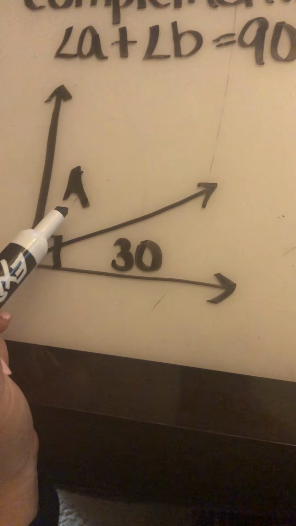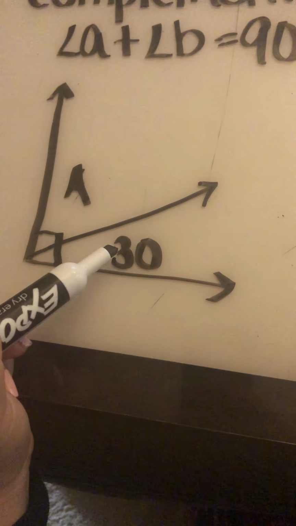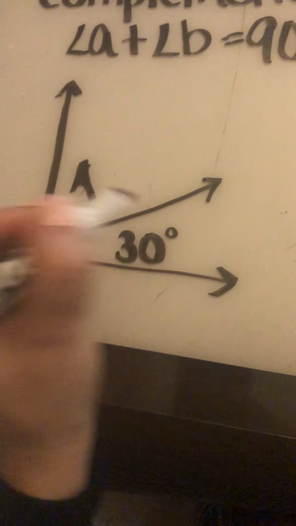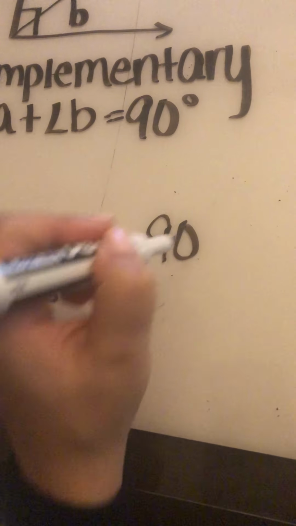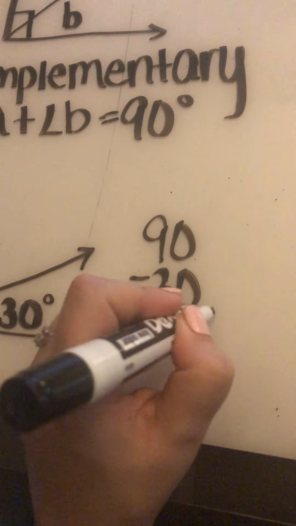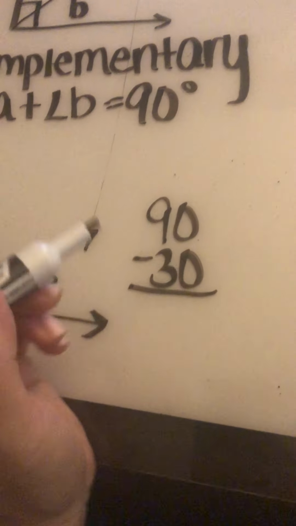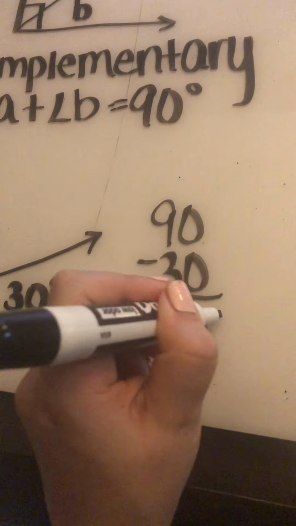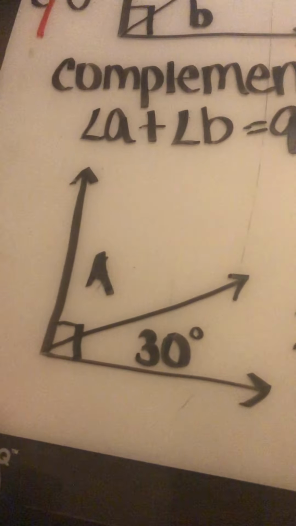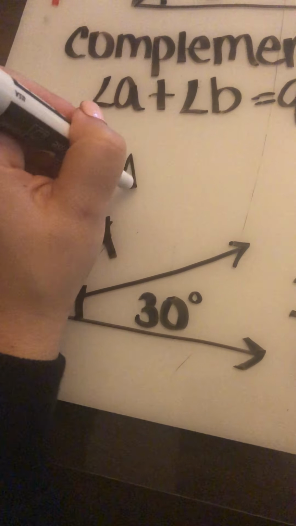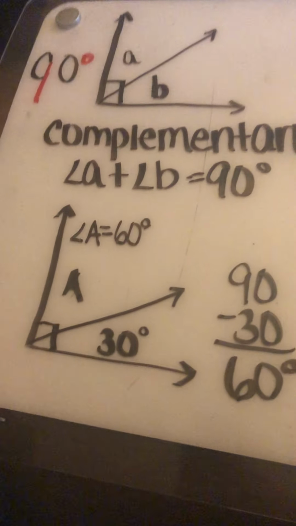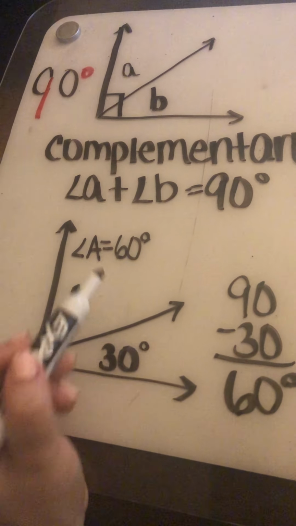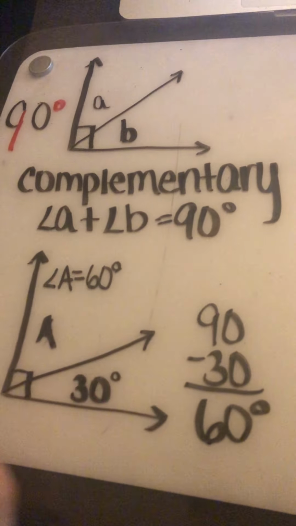So if you know that this angle A and this angle of 30 degrees have to equal 90, then all you need to do is take 90 degrees and subtract the other angle that was provided. So 90 minus 30 will give us 60, and that's going to be angle A. So you would say angle A equals 60 degrees. Okay, so two angles that sum to 90 degrees, we call them complementary angles.